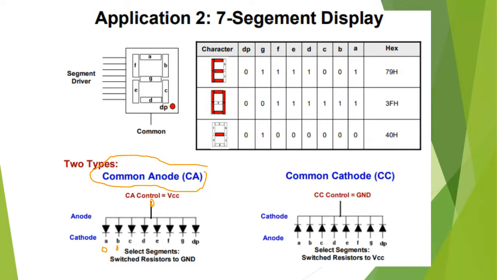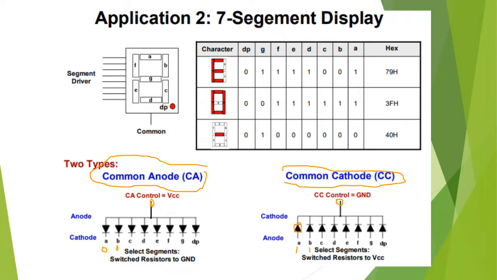And what is for common cathode system? It is the opposite. All the cathodes of the light emitting diodes are connected to the ground. If we send 1 here, 1 means 5 volt, so this A LED is on.